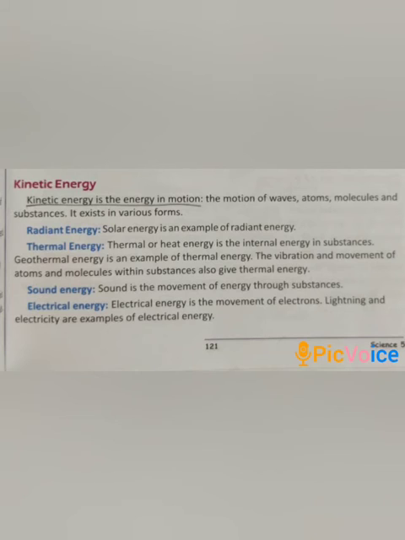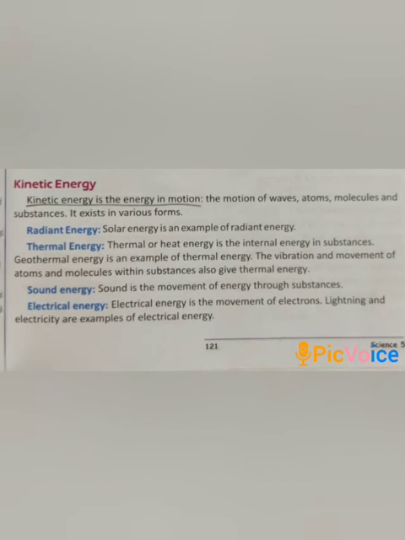Then thermal energy. Thermal or heat energy is the internal energy in substances. Geothermal energy is an example of thermal energy. The vibration and movement of atoms and molecules within substances also give thermal energy.